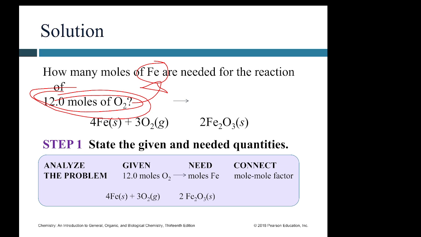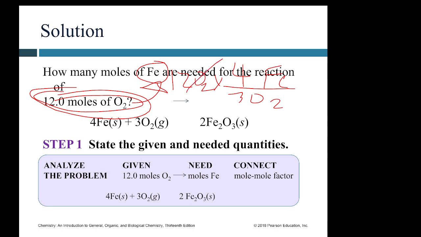What's the mole-to-mole ratio here? So there's 3 O2s, right? And how many Fe's are there to that? 4. All right. And so we're going to multiply the 12 O2 times that 4 Fe over 3 O2s.